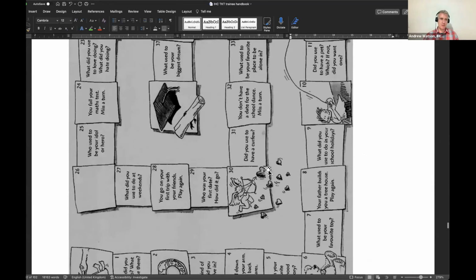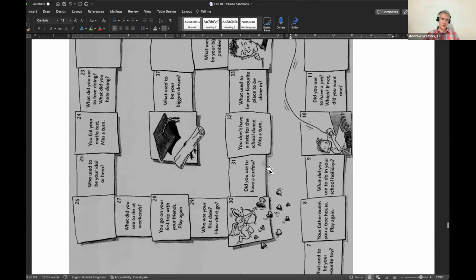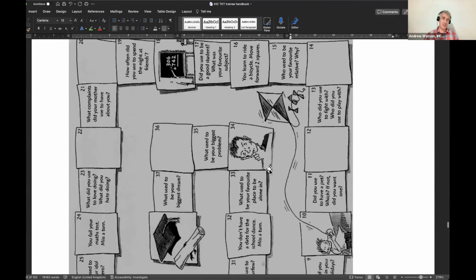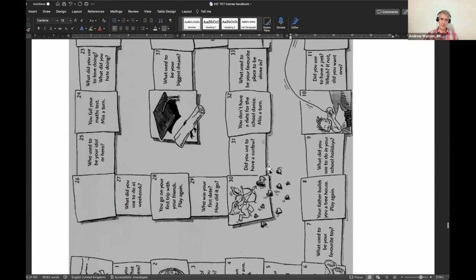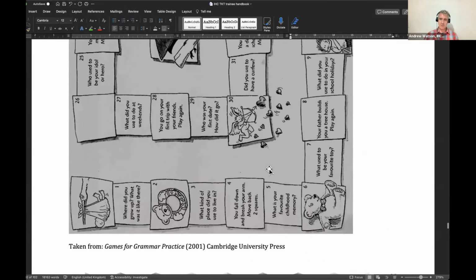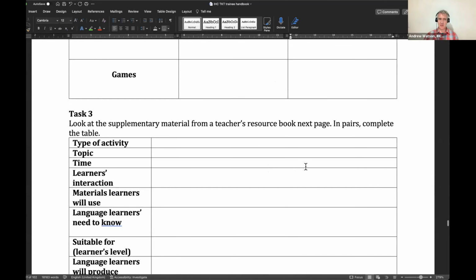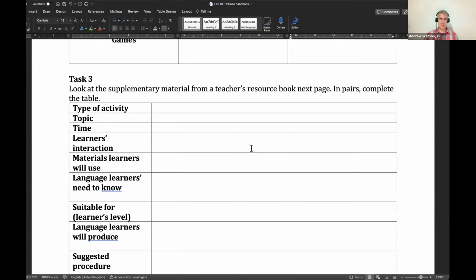It's in the same handbook. Okay, and it's from Games for Language Practice. Okay, this is the piece of material. And the three of you are going to spend some time analyzing it and completing the table.